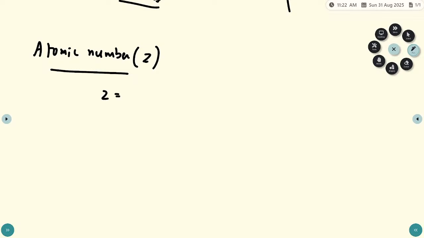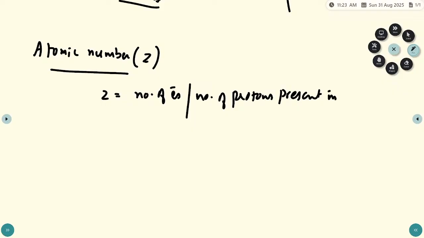Z is equal to the number of protons present in the atom. The atomic number is always decided by the number of protons, not by the number of electrons.